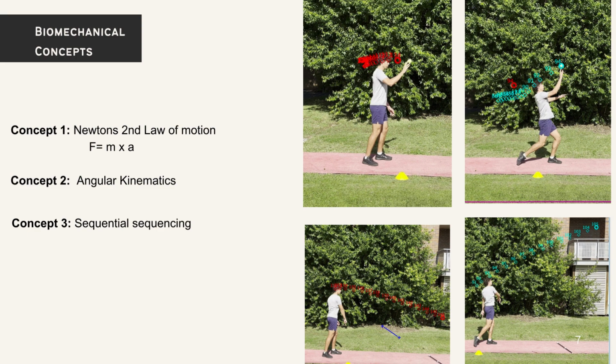Now our second concept is angular kinematics. Angular kinematics refers to a branch of biomechanics that focuses on the study of angular motion. It involves analyzing the movement of objects or body segments in terms of angles. Here we're talking about our joint angle.